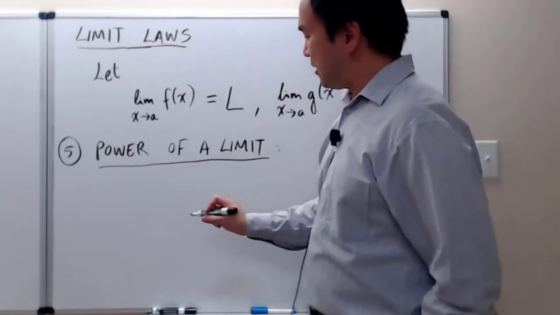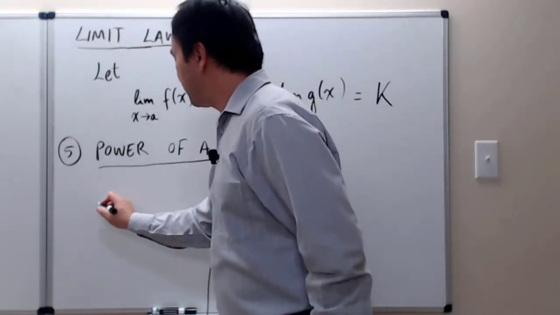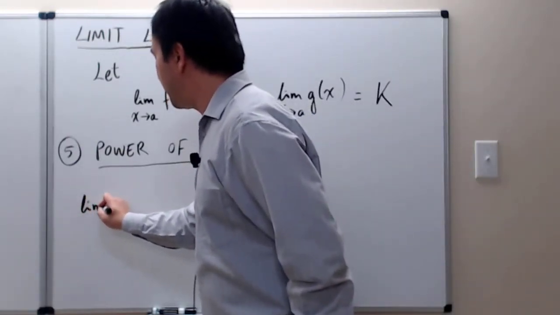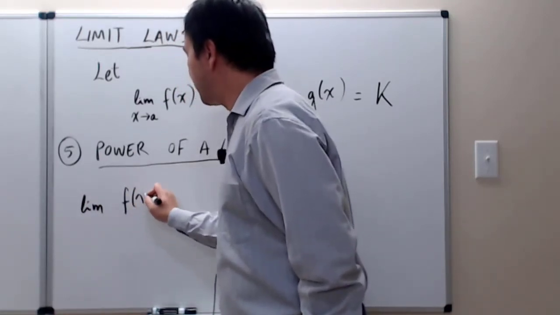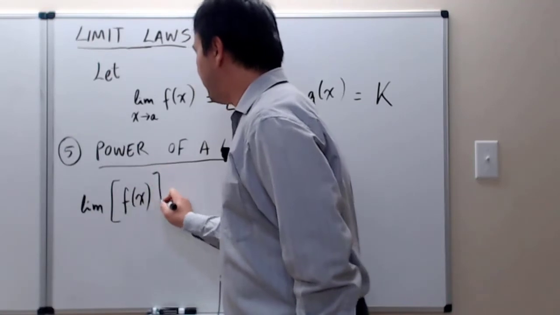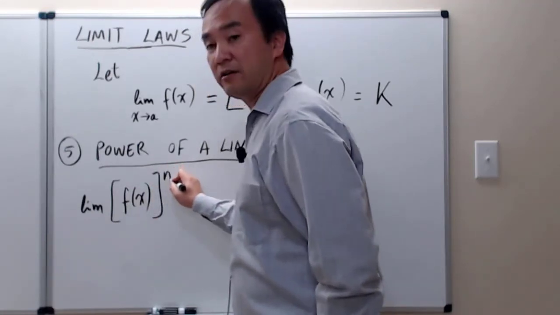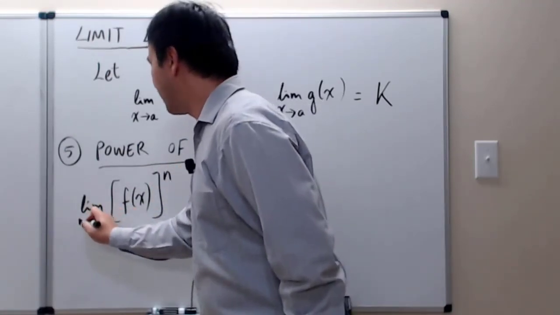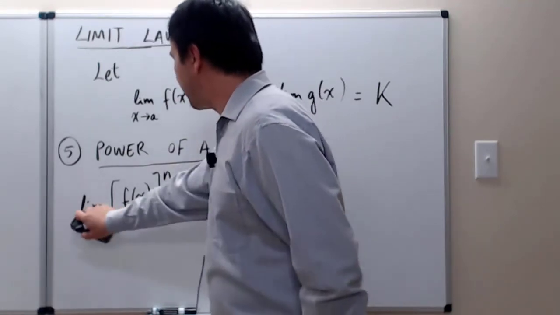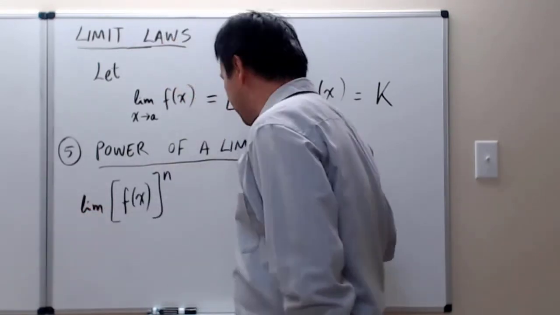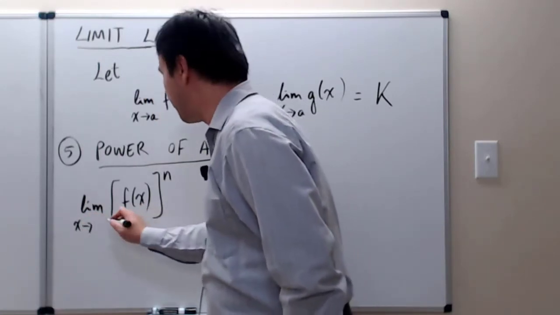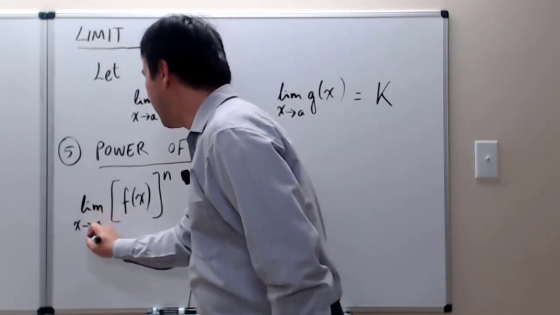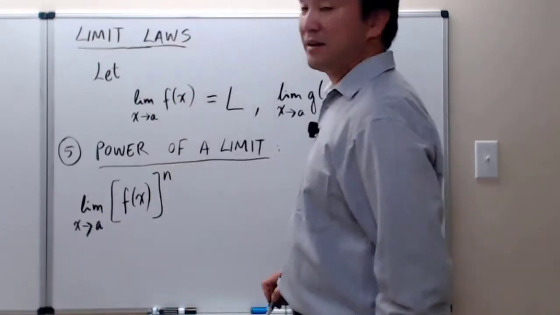Okay, and so let's say we are asked to evaluate the limit of a function f of x, but the function itself is being raised to a power n here. And then we're finding the limit as we're allowing x, the main variable of our function, to approach a given limit point a.